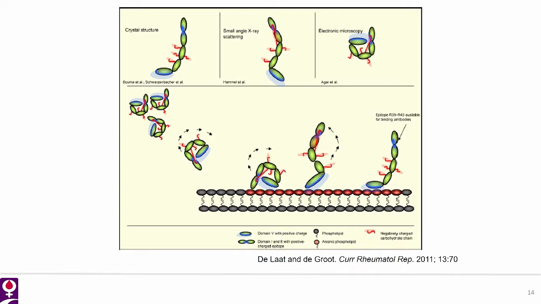The phospholipid bilayer there could be in the venous circulation, the arterial circulation, or at the maternal-fetal interface. The placenta is a very big-time producer of beta-2 glycoprotein 1.